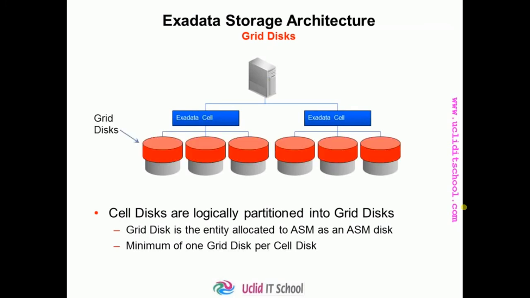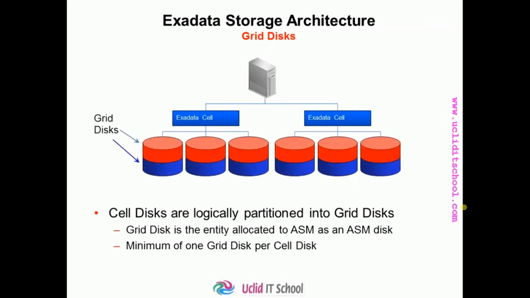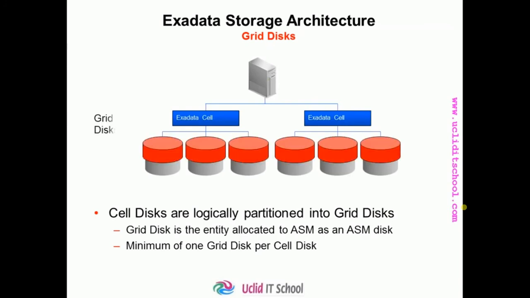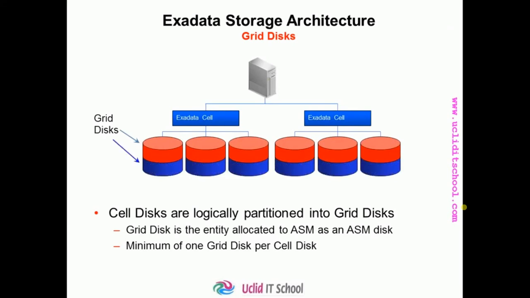Next, grid disk. Now, once the cell disk is created, on the cell disk we create a grid disk like this. On a cell disk, you can create multiple grid disks. So this slide is showing you two grid disks.